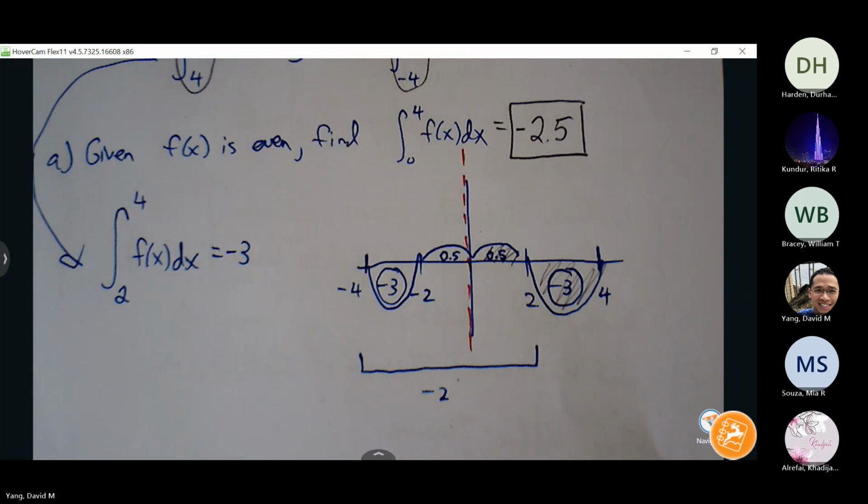Because we know that the region from -3 to 6 will add up to be -4, I have 2 and 2 already established, so I need a -8 here for these numbers to add up to be -4. What's 4 minus 8? -4.